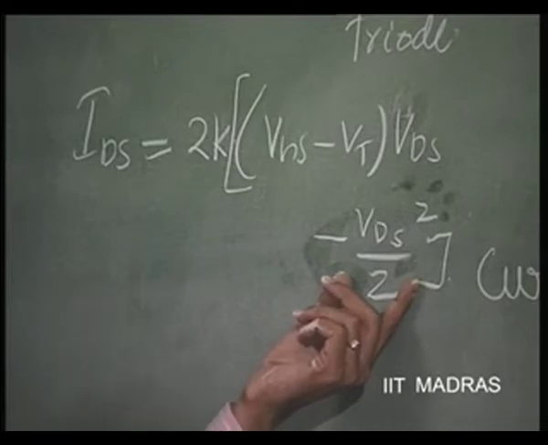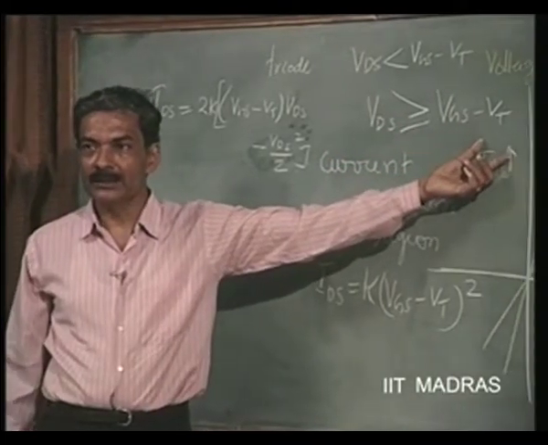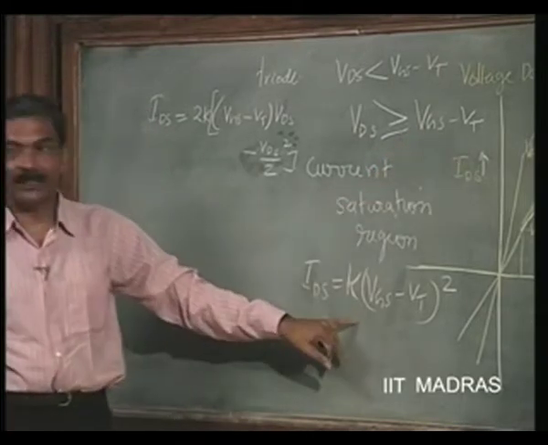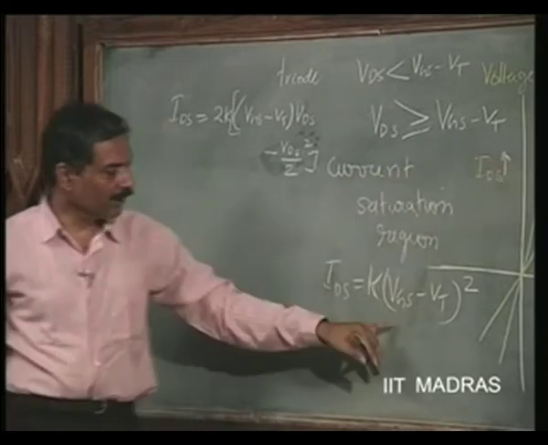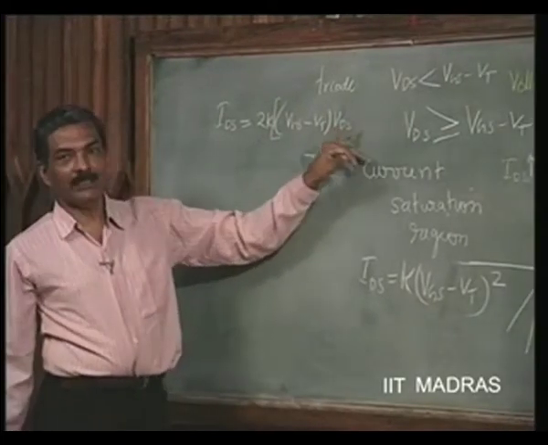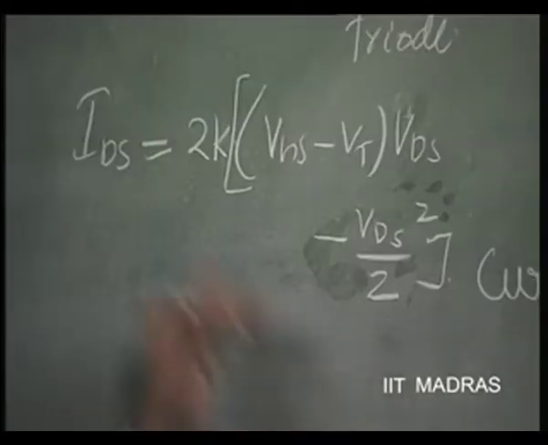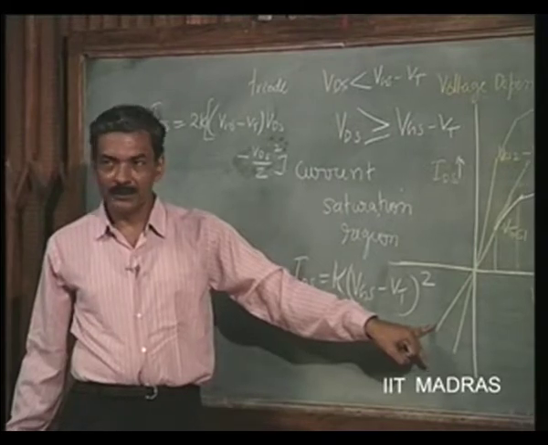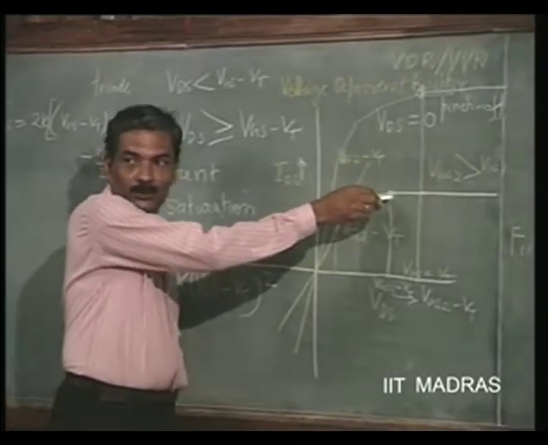And this relationship is valid up to VDS equal to VGS minus VT. So, if you substitute VDS equal to VGS minus VT, you should get this value. Substitute this VDS equal to VGS minus VT, you will get this from this. So, VGS minus VT whole squared minus VGS minus VT whole squared by 2, 2 gets cancelled, you get K into VGS minus VT whole squared. So, at exactly this point, both these relationships merge into one.